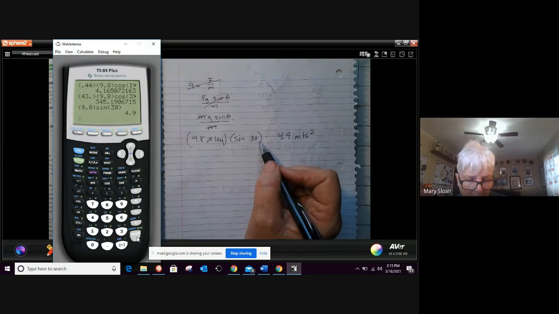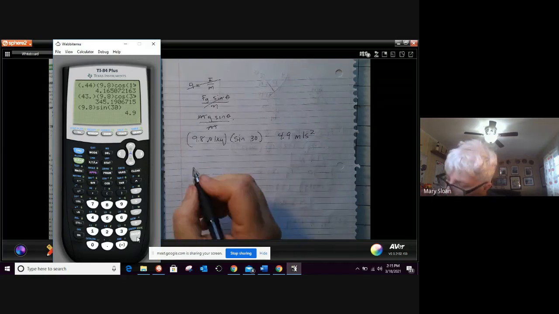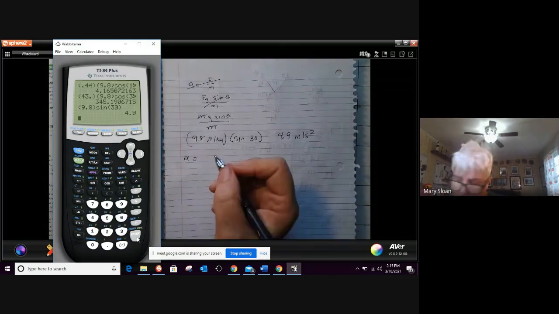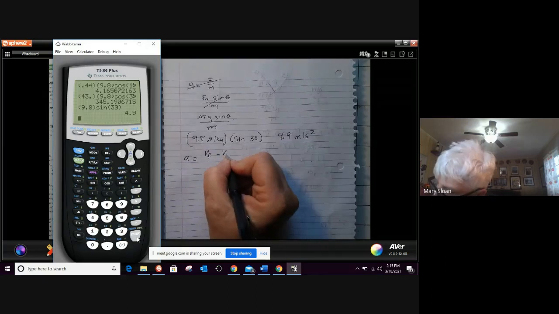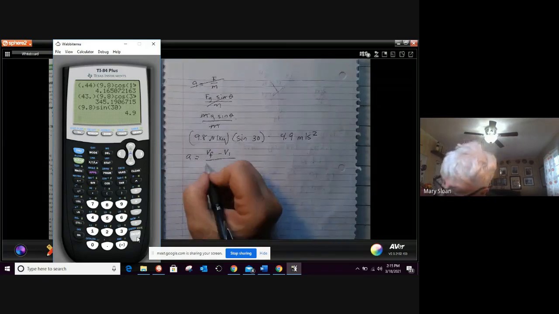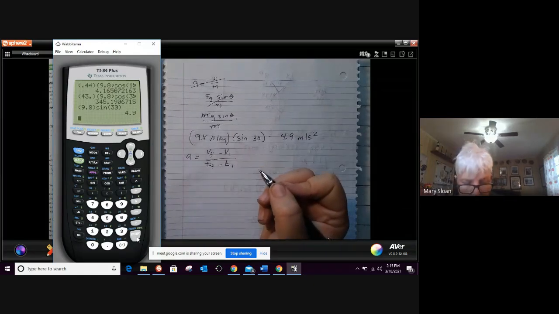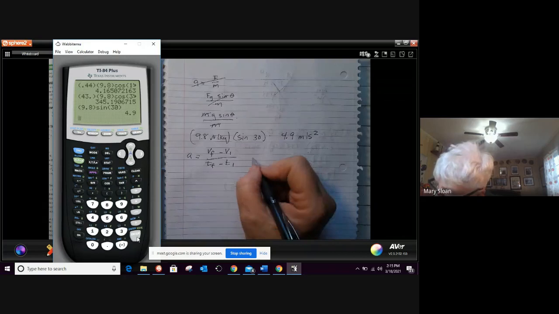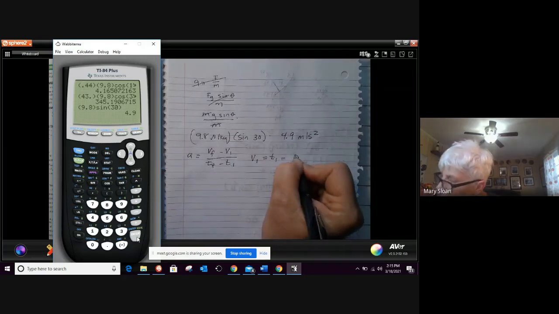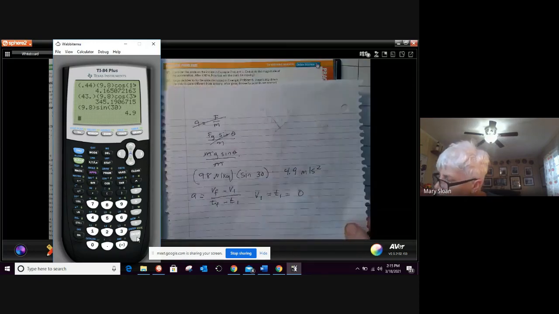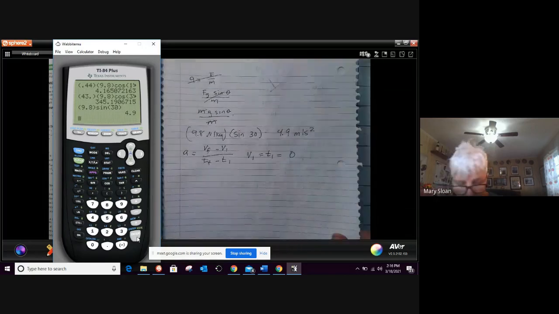The next thing that I'm going to do is try to find velocity. To find acceleration, you have to take velocity final minus velocity initial over time final minus time initial. So we are going to let velocity initial and time initial equal 0. The reason I'm doing that is because it says here that it is starting at a stop.